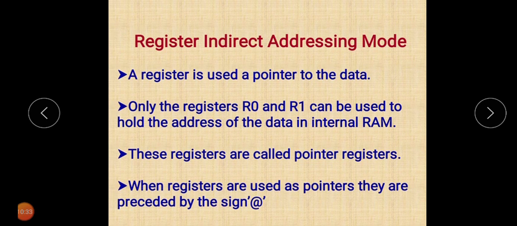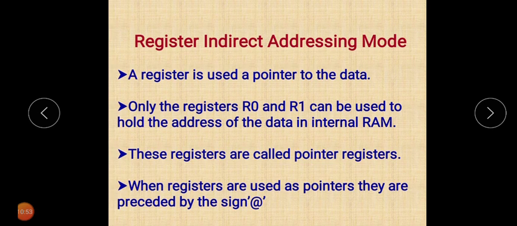Next, register indirect addressing mode. Here a register is used to point to a data. We use a register to store a memory location, and the data in that memory location is accessed with the help of that register.